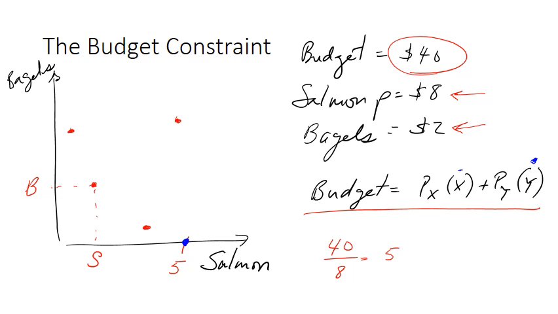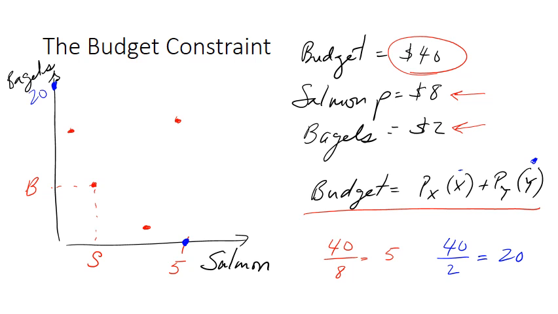You can do the same thing for bagels now. You ask, what if you spend your whole entire budget on bagels? And if you do that, you're going to be able to see that you could buy 20 bagels. Okay. So, of course, what you're going to get here is your y-intercept.